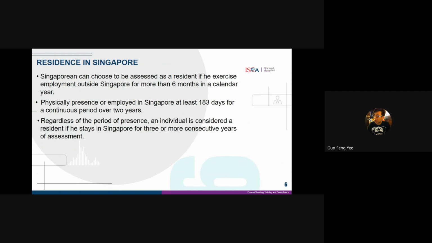Therefore, an individual who is exercising an employment in the US may be able to claim certain deduction or benefit if he or she chooses to have his tax residency deemed as being in Singapore.